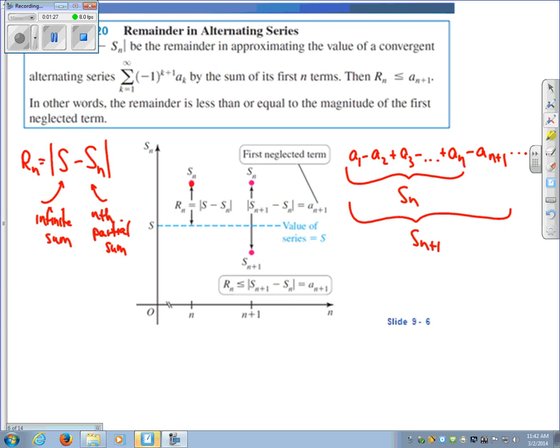Now the amount of the term that we just subtracted, a sub n plus 1, is actually the distance from here to this term, the n plus first partial sum. So this distance right here is a sub n plus 1.